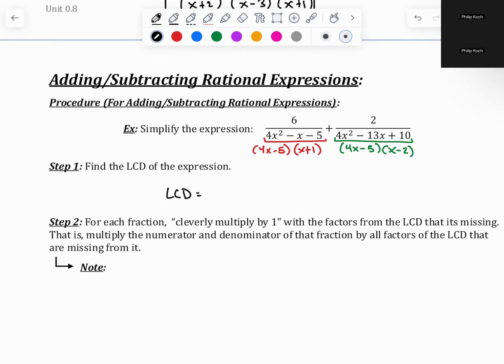We need to find a common denominator. So we need to find the LCD. That's the reason why that's step one. And it's all the factors present raised to the highest power present. So there's a factor of 4x minus 5, and the highest power present is the first power. There's an x plus 1 present, to the first power, and there's an x minus 2 present.